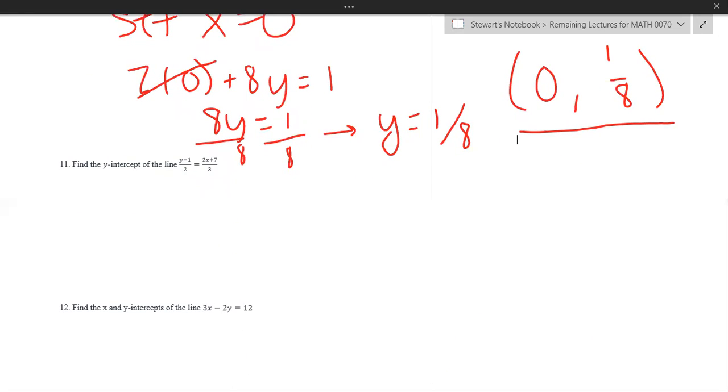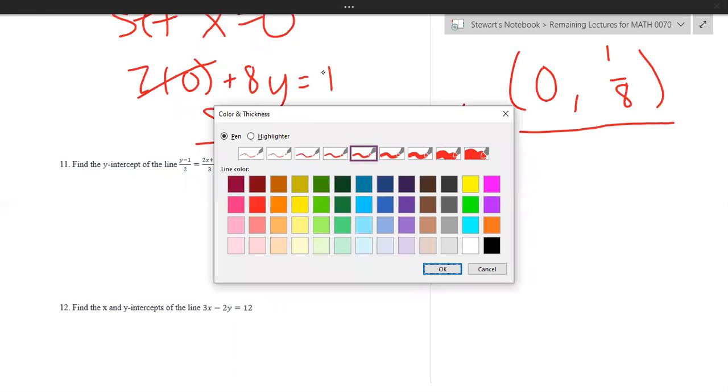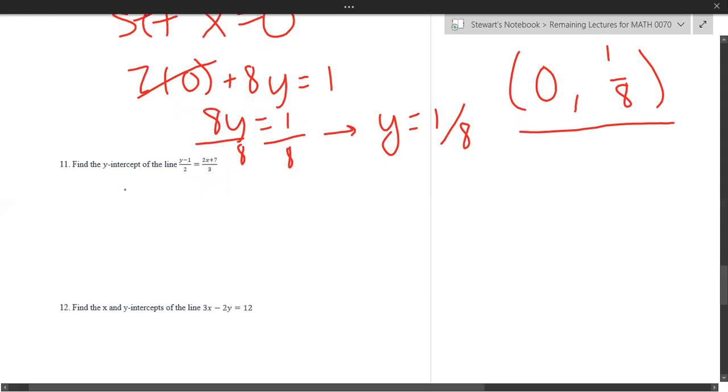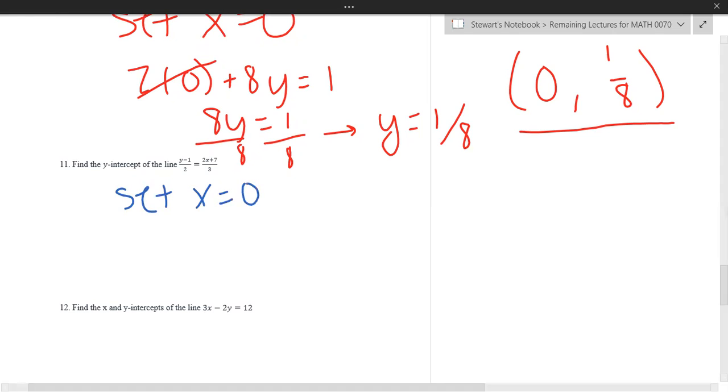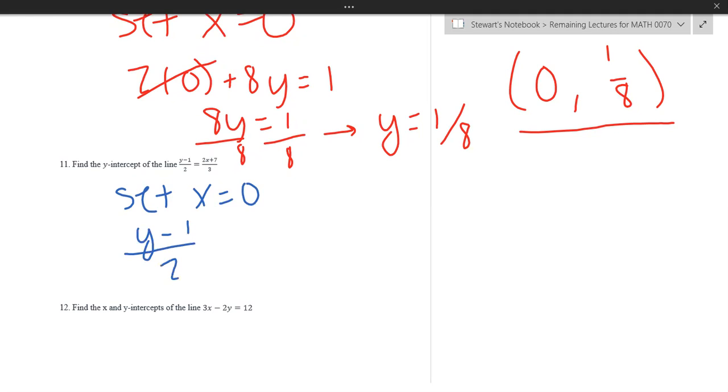Now, in the same sentiment over here, we're going to set x equal to 0 to find the y-intercept. So we have y minus 1 over 2 is equal to (2 times 0 plus 7) all over 3.